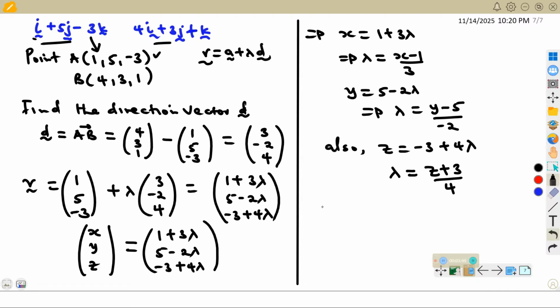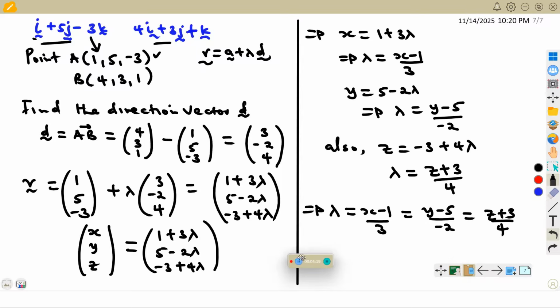So from that, we can now convert what we have obtained into the Cartesian form. Therefore λ = (x - 1)/3 = (y - 5)/-2 = (z + 3)/4.